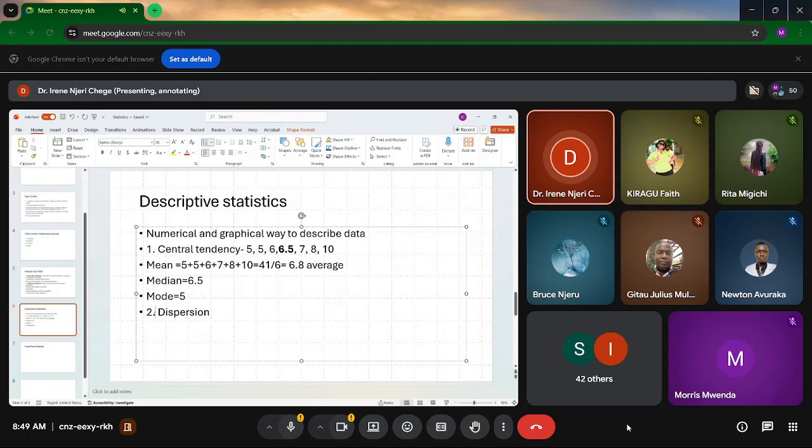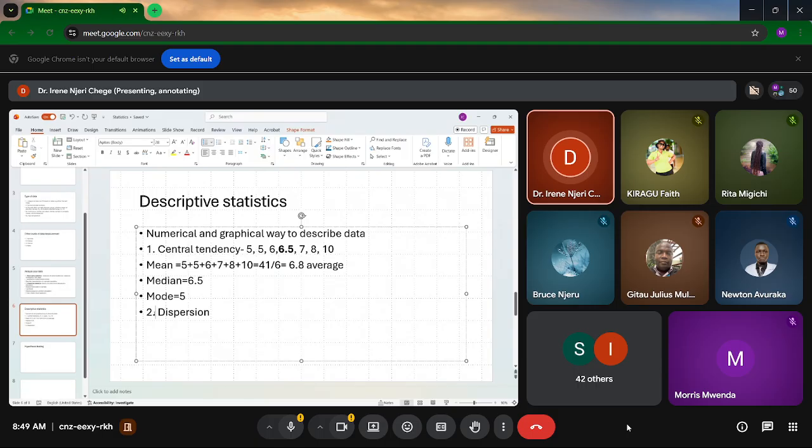My range is 5. What does range mean? It is the difference between the highest value and the lowest value.